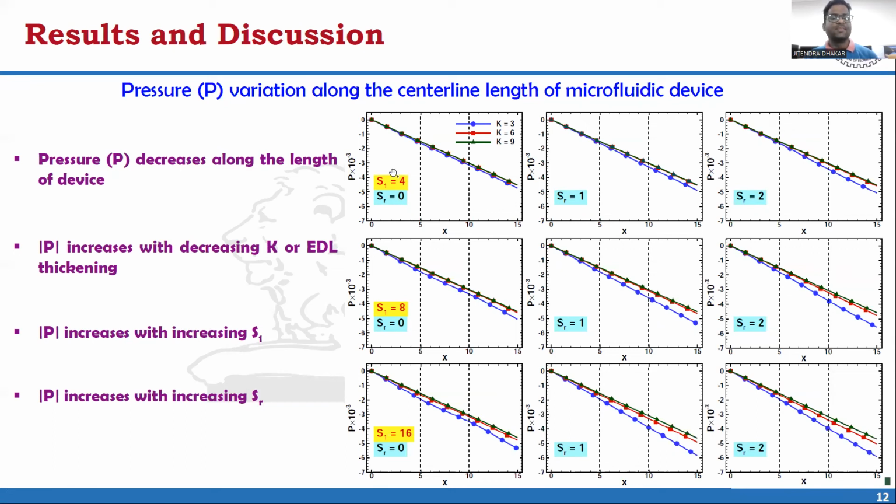And the absolute pressure increases with increasing SR from 0 to 2 and S1 from 4 to 16 due to enhancement in the electrostatic forces near the wall with increment in the S1 and SR. That increases the total electric potential, as we discussed in the earlier slide. Therefore, the pressure increases.